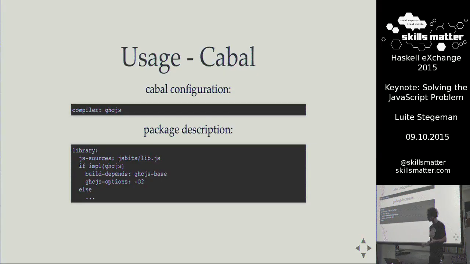But some things you don't need to do in conditional things, like js-sources is similar to c-sources. If you have C sources for your Haskell program, GHC will just build them with the C compiler, include them in the library. And js-sources will, only for GHCJS, include JavaScript sources from your package in the library. Those will be included in the final JavaScript source blob for any program that depends on the package that you have there.